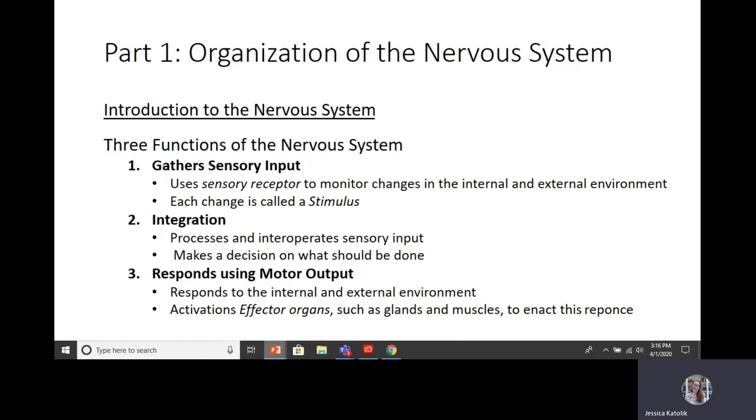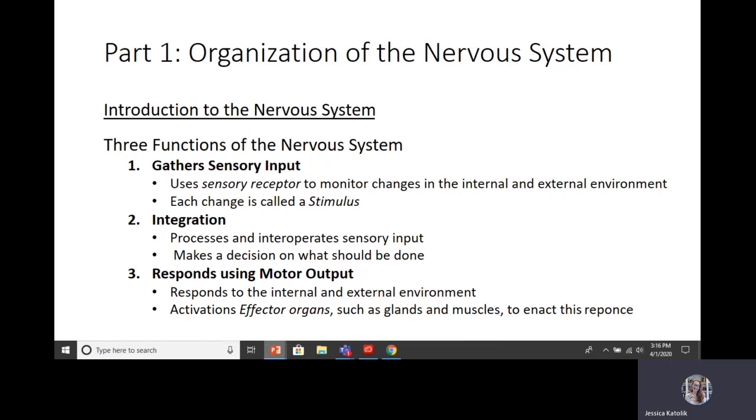Integration is going to be the second function. So we're getting so much sensory input from our environment, and all of that sensory input has to be processed and integrated together to create a picture of what's happening outside of our bodies and inside of our bodies. So the central nervous system, such as the brain and spinal cord, is going to help us do that.